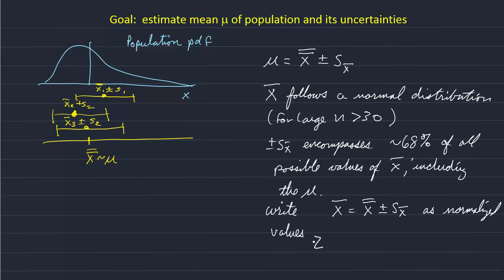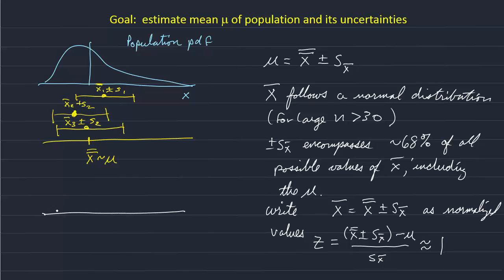We're going to use z, and that's equal to x double bar plus and minus the standard deviation of the sample means, minus mu, over S x bar. And if the grand mean is about equal to mu, we can see that z is about equal to 1.